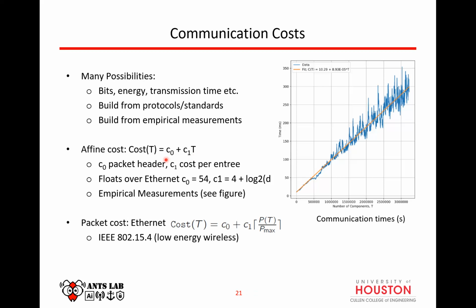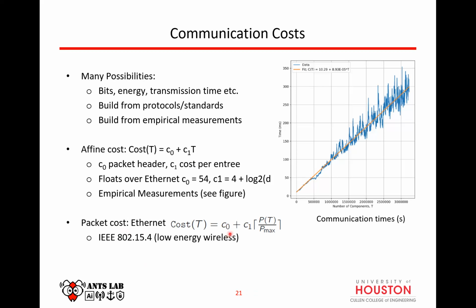For Ethernet, like I was showing in the previous slide, the C0 would be 54 bytes, and C1 can be 4 plus log 2. Or you can do the empirical measurements like this figure over here, and also try to get the historical data to do your tuning. Or you can find the whole packet cost.